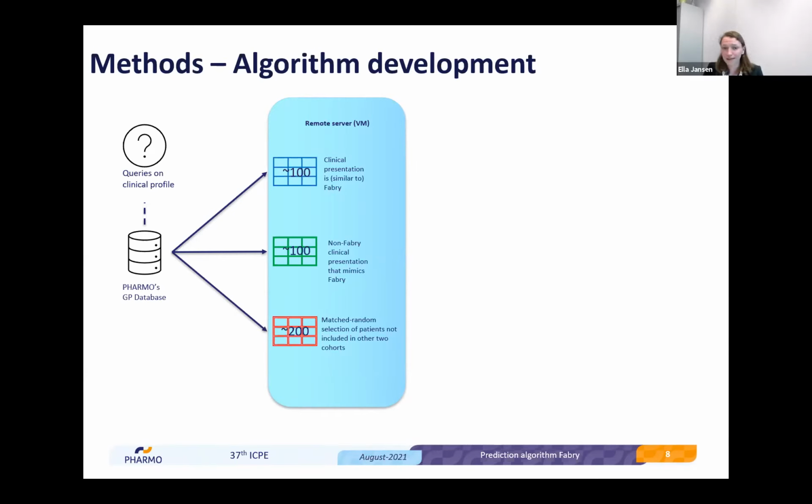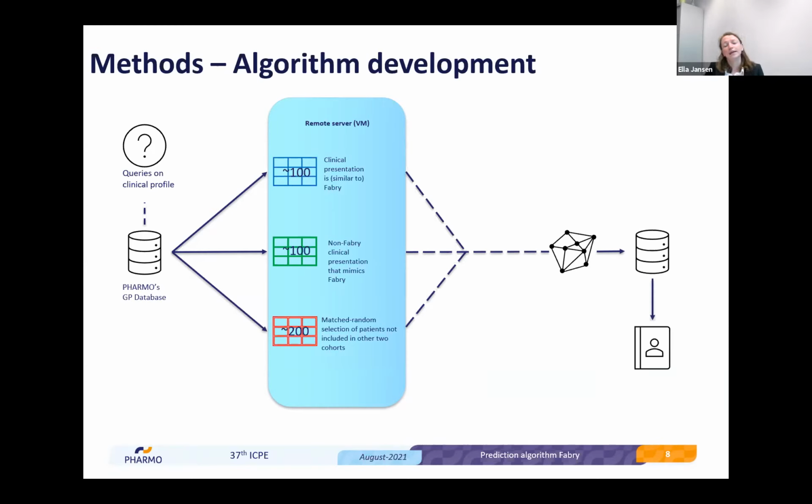And then finally, the last subset to train a disease finding model was a random sample of patients that were not included in the previous 2 sets, and that matched the first one on the basis of age, gender, and date of earliest records. We then extracted the EHRs of these patients, and then through a combination of both supervised and unsupervised machine learning, we induced a patient finding model from the training sets.